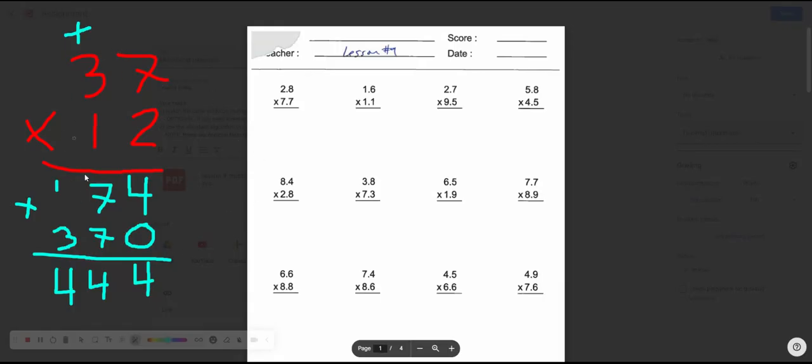Standard algorithm. Another example, and I'm going to go really quick on this one. Let's say 21, and we're going to multiply this with 311.